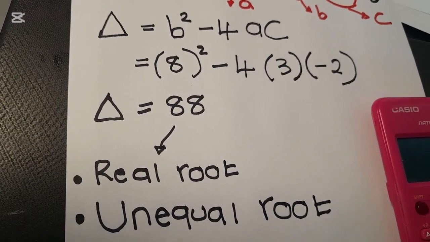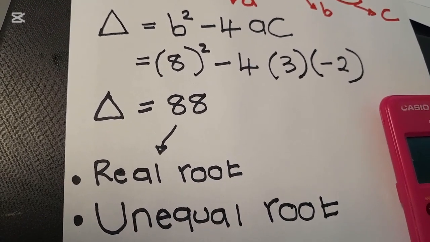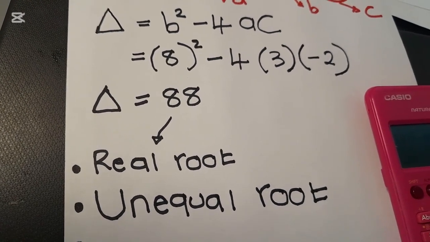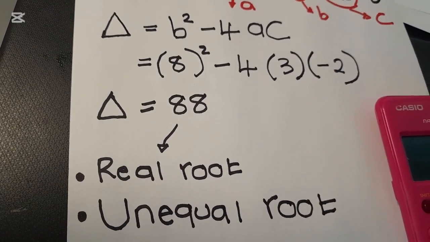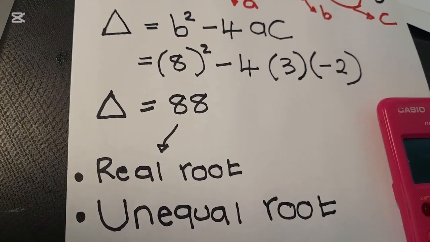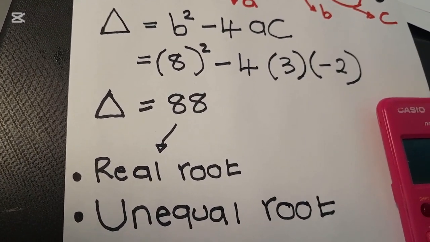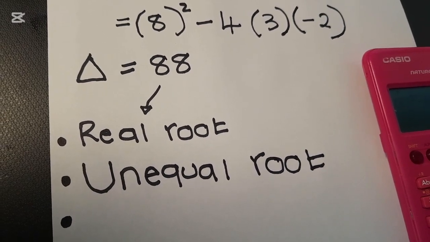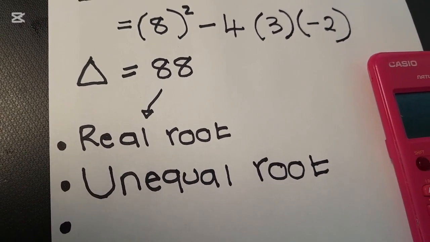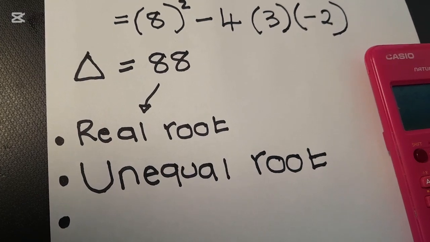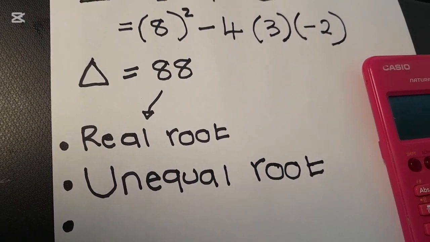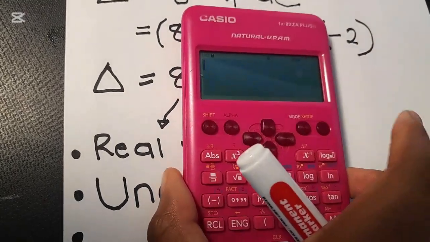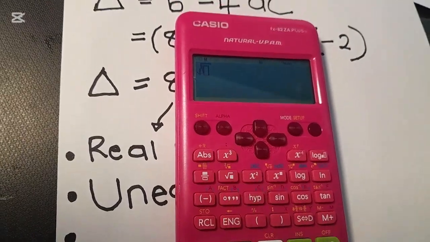Now, since it's unequal, it brings us to our third phase of the roots. Is this rational or irrational? For it to be rational, it has to be a perfect square. And for it to be irrational, it has to not be a perfect square. Let's find out together.